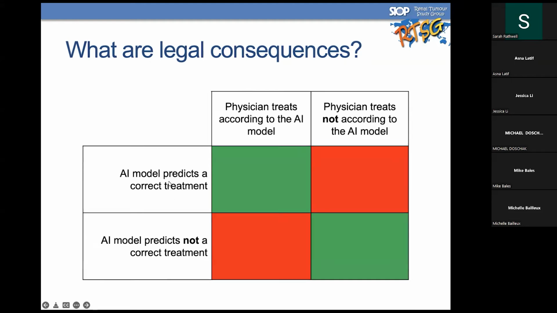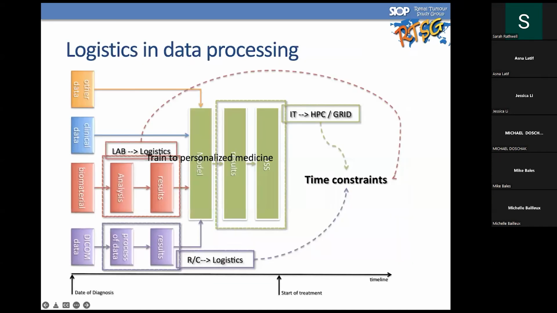And one point is that you need to really show that an AI model predicts a really correct treatment. There's another point which is important, and many people are not thinking about that. If you have a patient with a new tumor just diagnosed, and you want to use an AI model for his treatment, then you need the results of the AI model in due time.